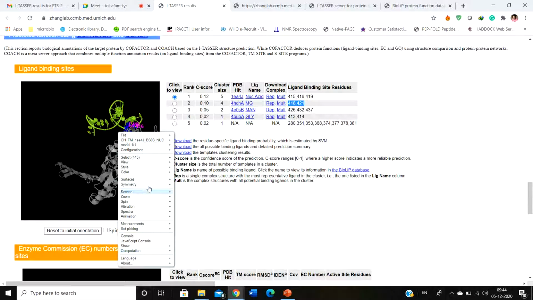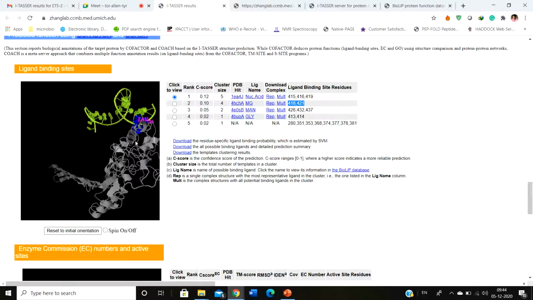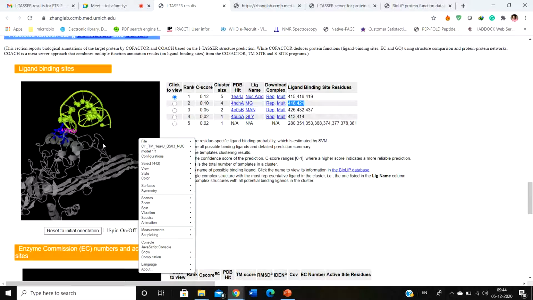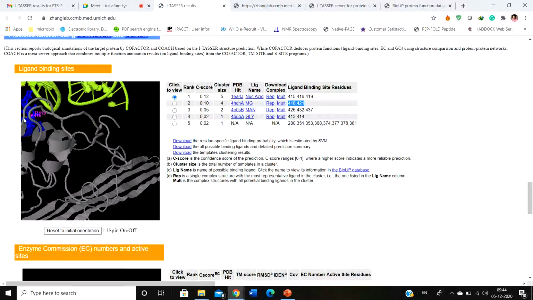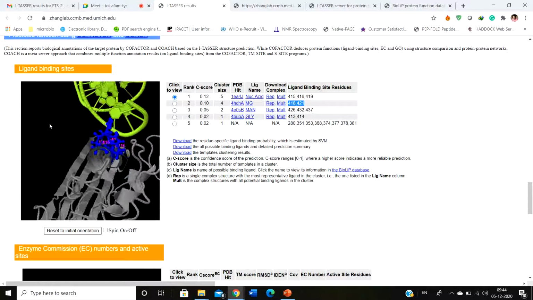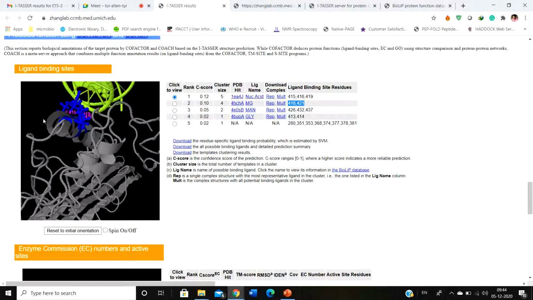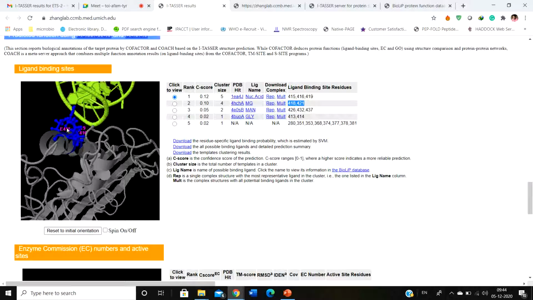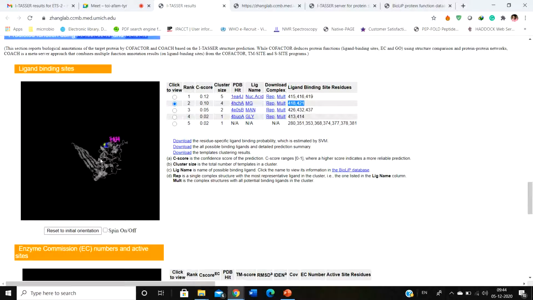Let me zoom it more. See, this is the site. This is the site where it says that the ligand will bind to. If you select this one, then it is going to show you the ligand, where the ligand is binding to and all.